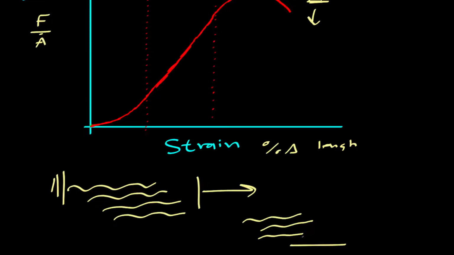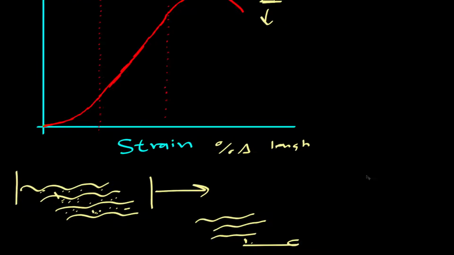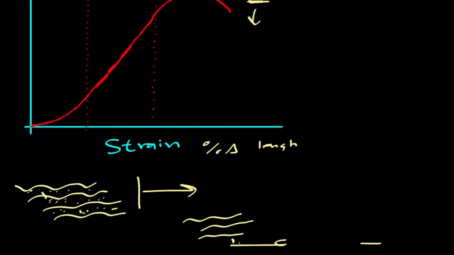And then, because these collagen fibers are, by the way, sort of bound to each other, they sort of reach out and grab their neighbors. Once this one gets taut, then it's going to start pulling on this one. And so then you'll be pulling on two collagen fibers instead of just one. So then maybe the tendon stretches out a little more.